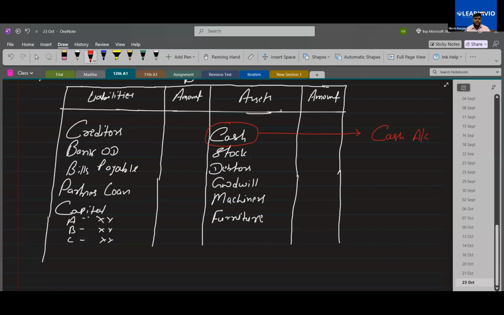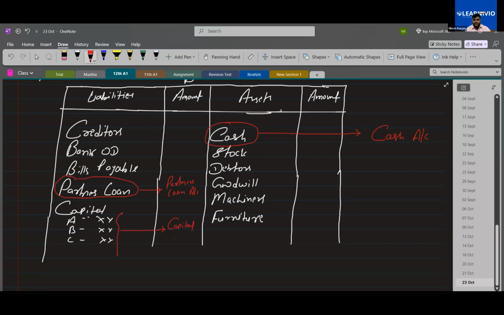Actually not transferred, because both are the same, so we can say it will be written as balance b/d. Partner's loan will go in the partner's loan account. There is a separate account, partner's loan account. Capital will go in the capital account.